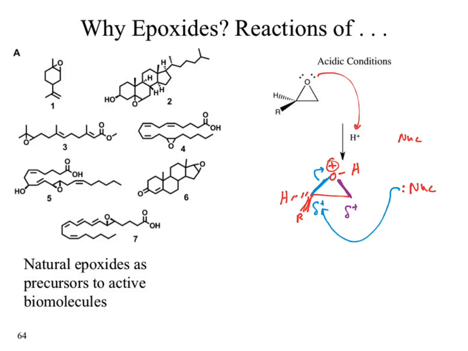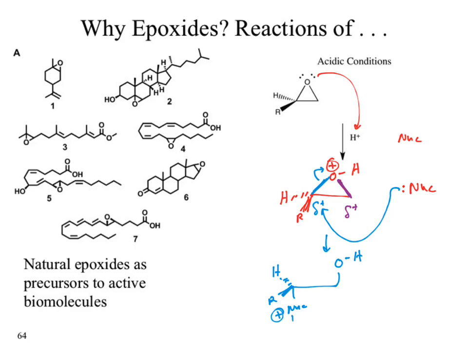That's going to cause the ring to break open. The result, oxygen. Because it was a weak nucleophile, it likely started neutral, which means its charge now would probably be positive.